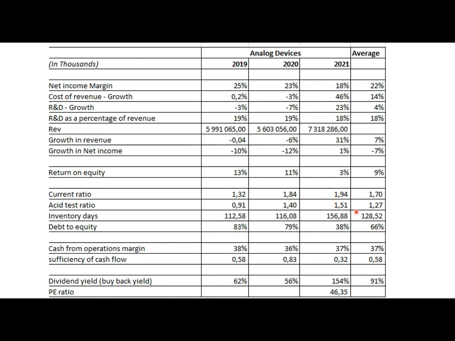Again, COVID can be blamed a bit because of supply chain disruption, the fact that you're not shipping out stock quickly enough. So you cannot ignore that. It is worrying a bit. It does place a bit of a burden on the balance sheet in terms of liquidity.